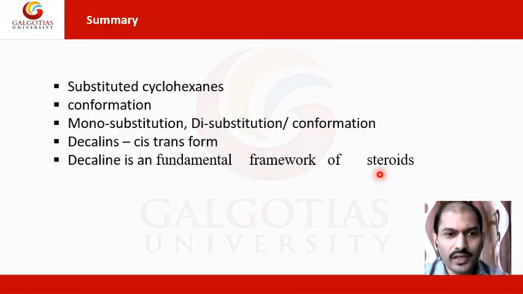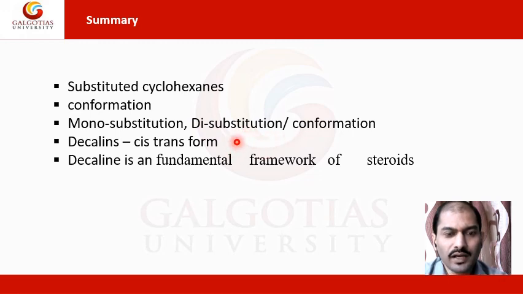So overall, we had a discussion on substituted cyclohexane and their different conformations. We also discussed monosubstituted conformations, how the groups interact with each other, what type of interaction is there, and which form will be more stable.